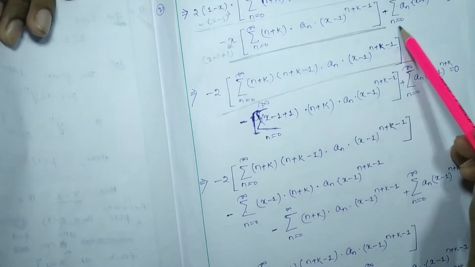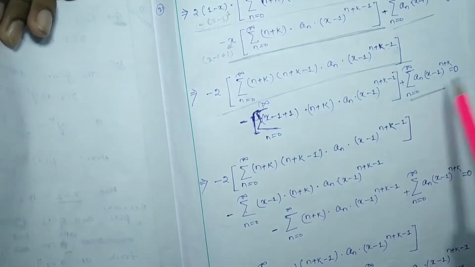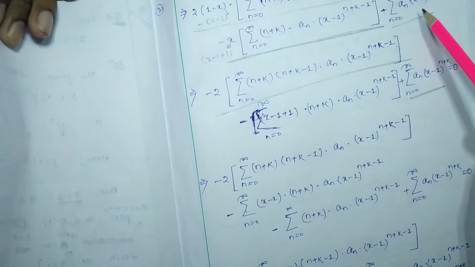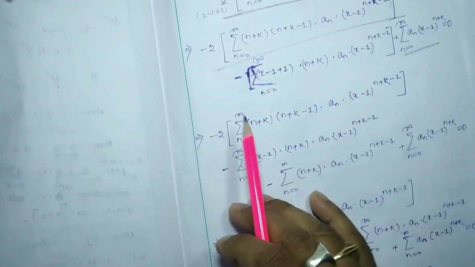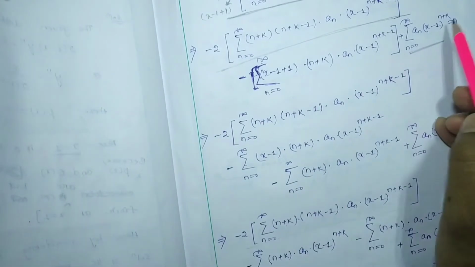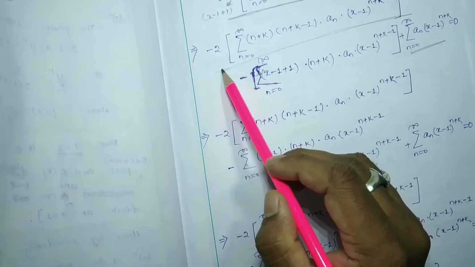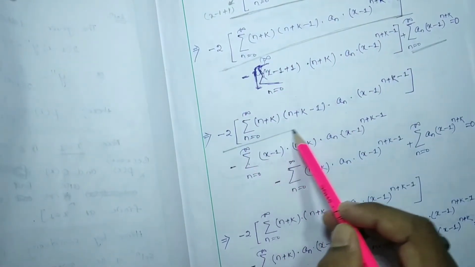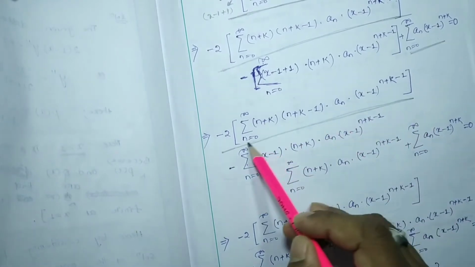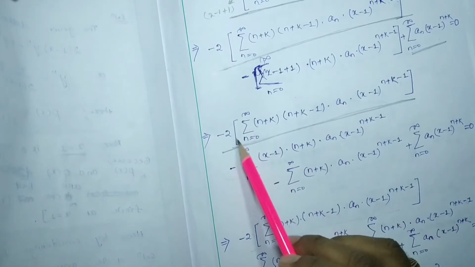The third term has been written without changing anything. Whatever is written here is written again in the next step, equal to 0. That implies this term is written straight here, nothing changed. See, minus 2 in the bracket, whatever was written, the same has been written.